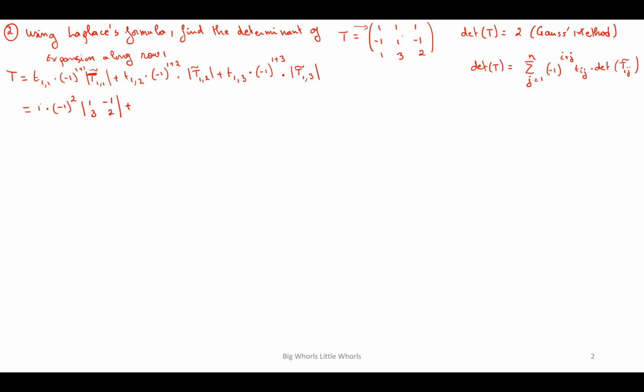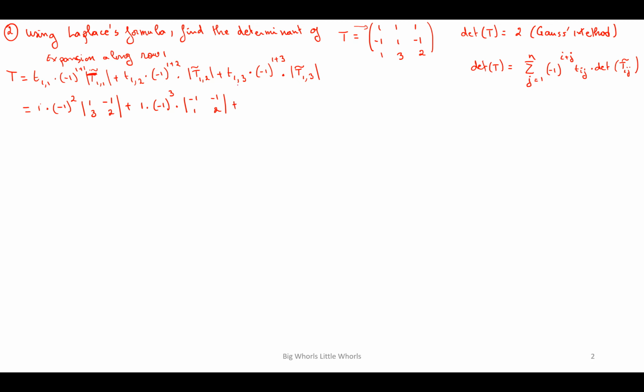Plus T_12, the entry 1, 2: 1 multiplied by minus 1 to the power of 3 multiplied by the determinant of the matrix we get if we delete row 1 and column 2.